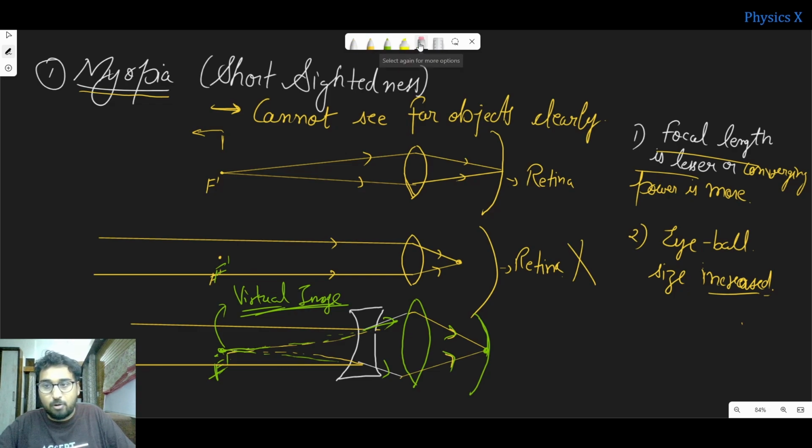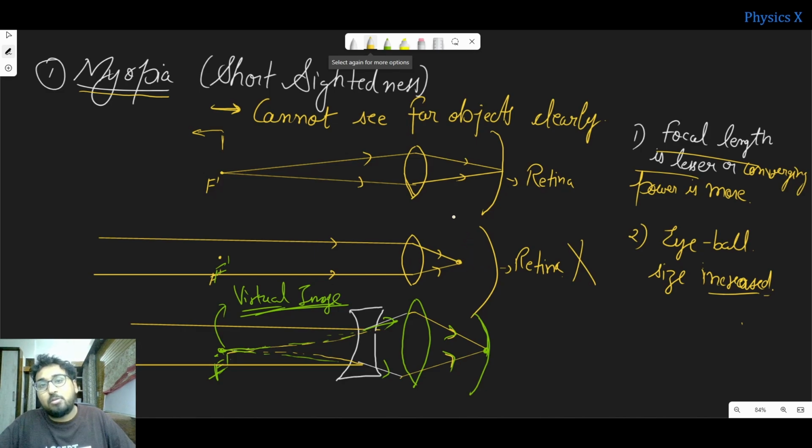It is because of these two reasons: either the converging power is more, because the ciliary muscles are not relaxed properly, the lens remains thick, and the focal length is lesser; or the eyeball is somewhat elongated, increased beyond the normal size, and then the distance between the retina and the eye lens will be increased.